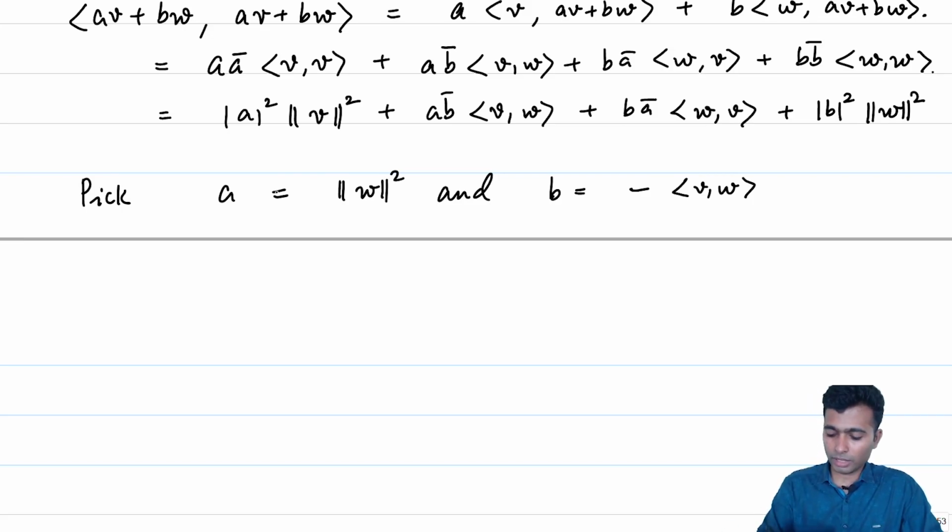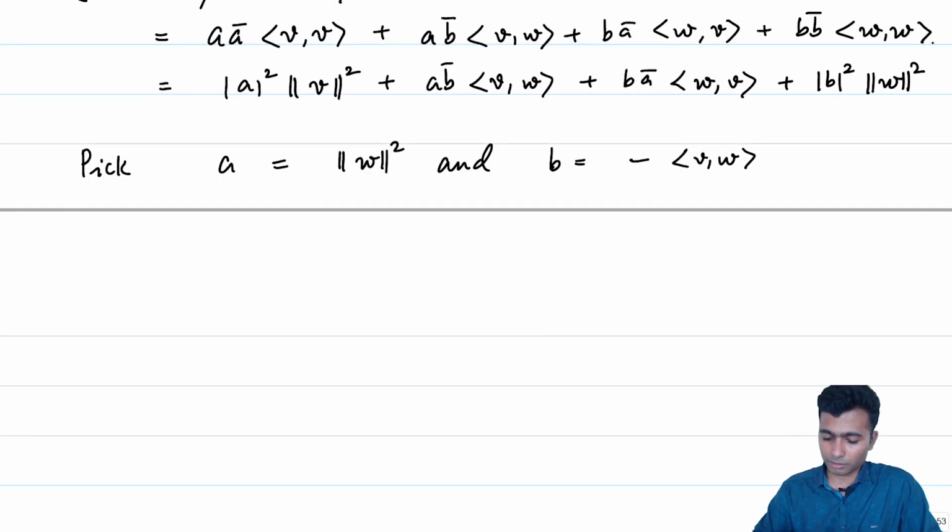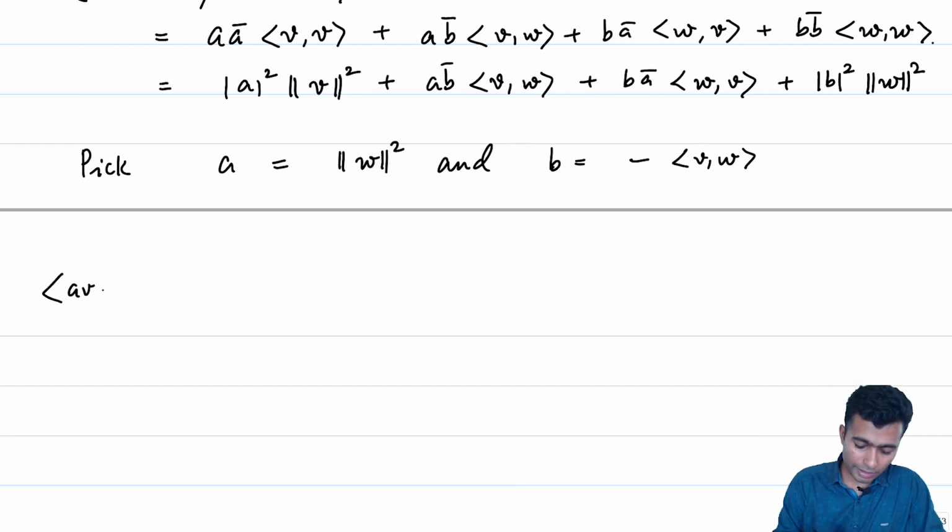Notice that A is going to be a positive real number and B is going to be some scalar in F. If it is a complex vector space, this might just turn out to be some complex number. So keep that in mind.